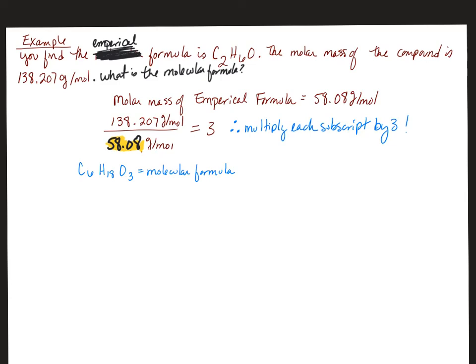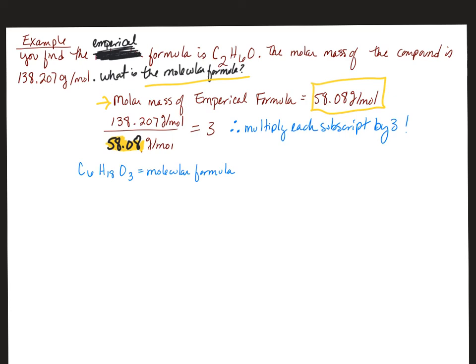Let me apologize for some mistakes on this page that I've already corrected. Okay, so here's an example where you find that the empirical formula is C2H6O. The molar mass of this compound is known to be 138.207 grams per mole. So the question is asking you, what is the molecular formula? So the first thing that you have to do is determine the molar mass of the empirical formula. And so we determined that that's 58.08 grams per mole.